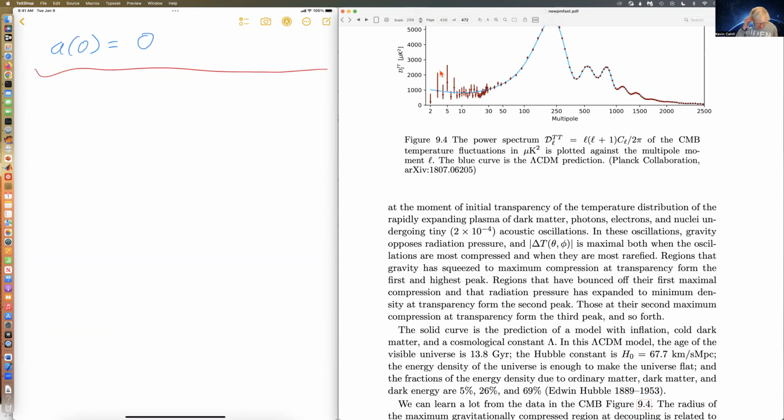It is 67.7, whereas when the astronomers measure it, they get a value around 72 or so. So that's one problem, which tells you maybe lambda CDM is not the whole story.